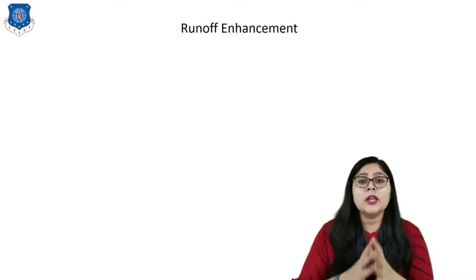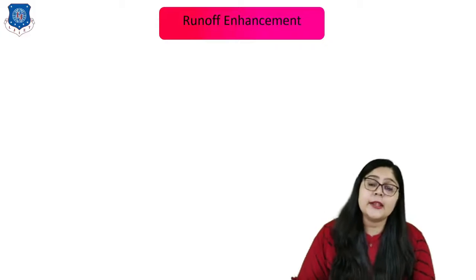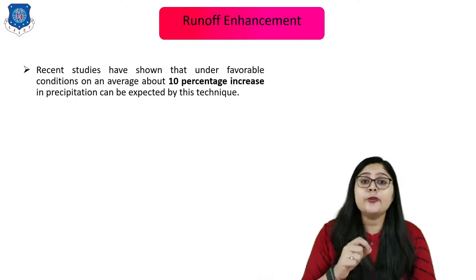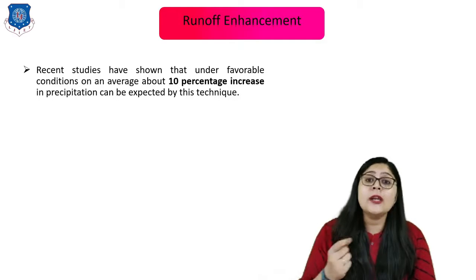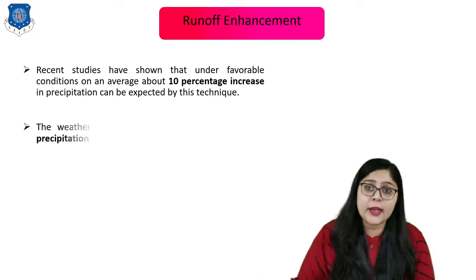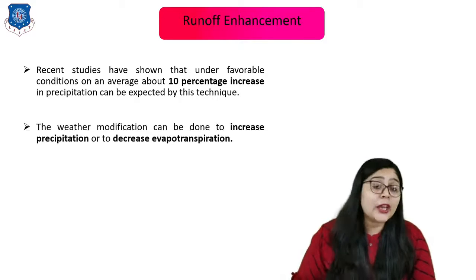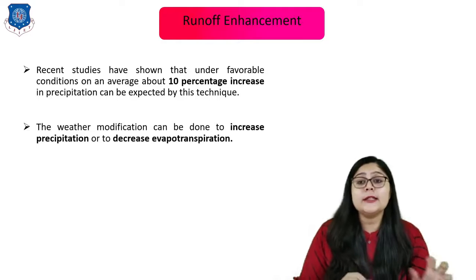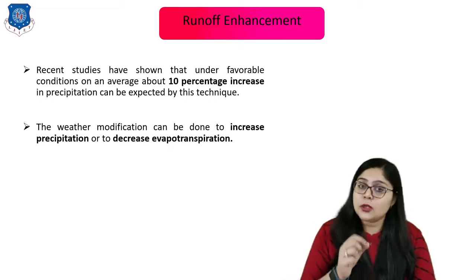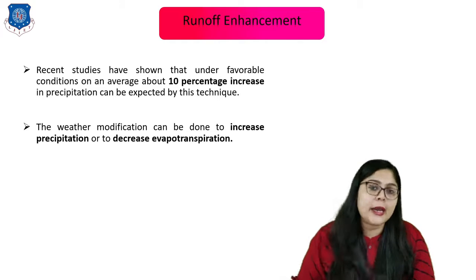Now see what runoff enhancement is. Recent studies have shown that under favorable conditions, on an average about 10% increase in precipitation can be expected by this technique. Weather modification can be done to increase precipitation or decrease evapotranspiration. That concept is known as runoff enhancement.